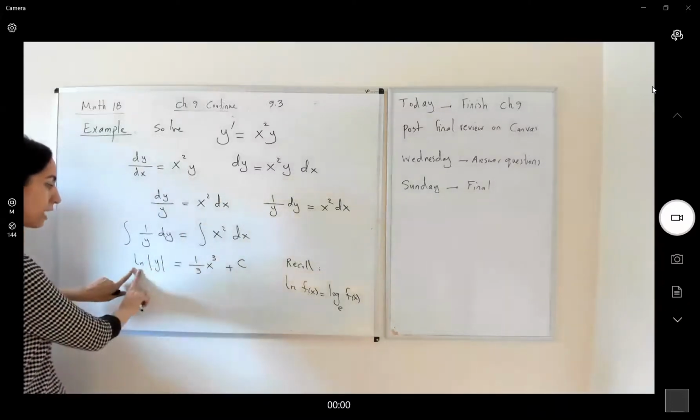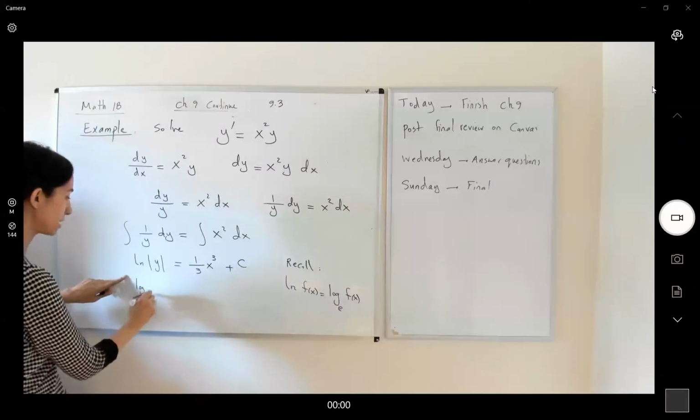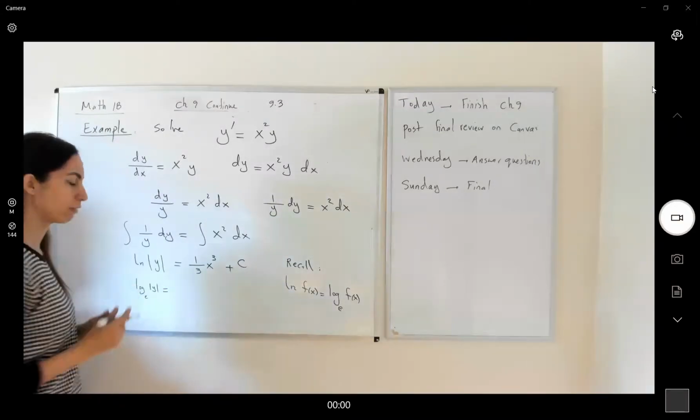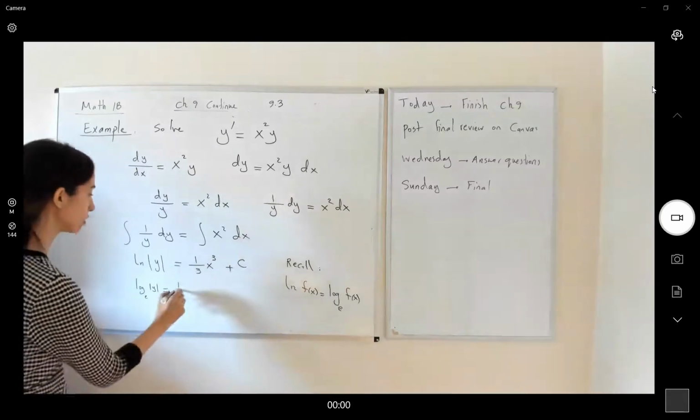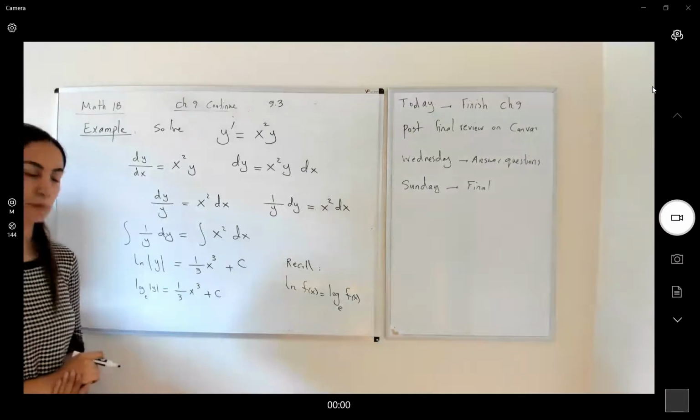So you have ln of the absolute value of y, which is log with base e of the absolute value of y. On the right-hand side, you have a term x cubed over 3 plus c.